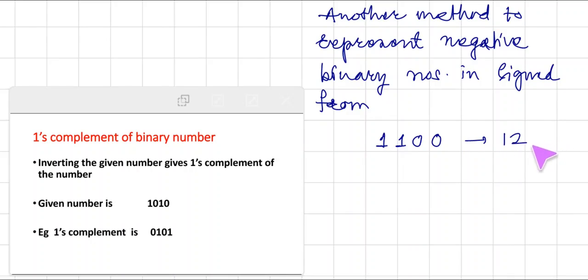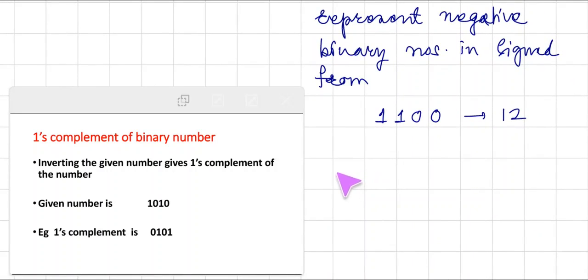If I want to represent it in ones complement form, first, what is ones complement? If the digit 1 appears in a code, we have to replace this 1 by 0, and if 0 appears in the code, we have to replace it by 1.